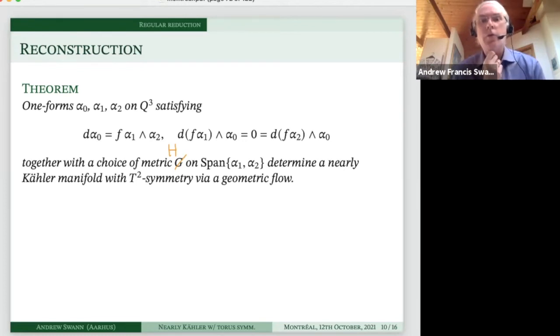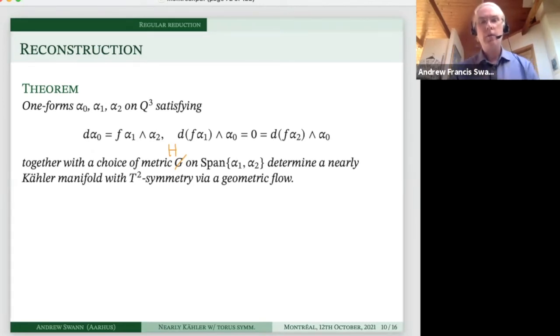What you have to do is write down the metric that I gave on the previous slides, the forms there, but you need the coefficients. For example, this metric has to vary with the values of S, and how it varies is actually given by a geometric flow.